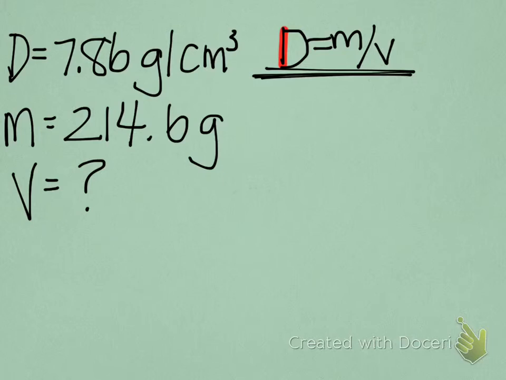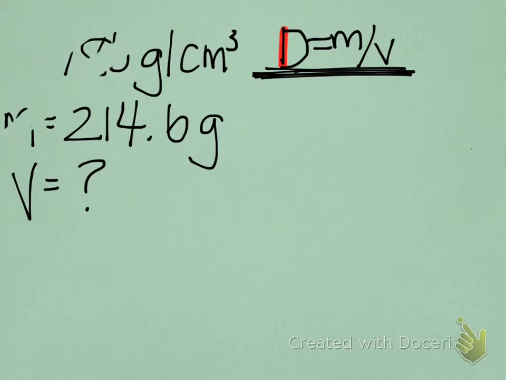So my suggestion and recommendation for you is plug in always into this equation here. So I'm going to plug this in. Okay, make sure that you have this data over here because I'm going to erase it. The 7.86 and the 214. We need more space here.